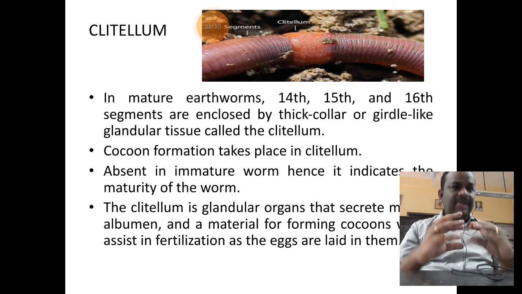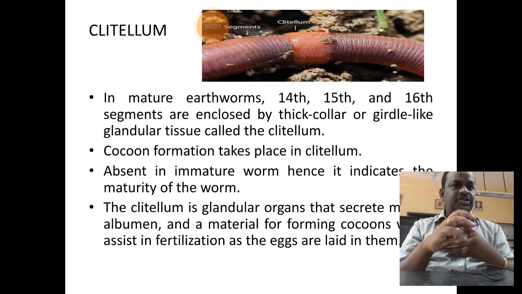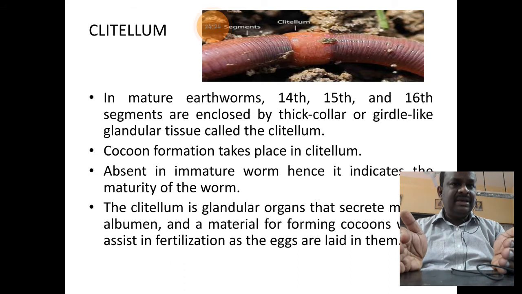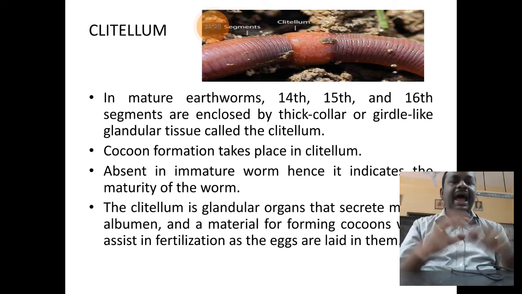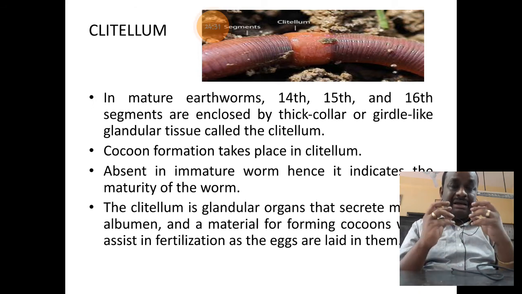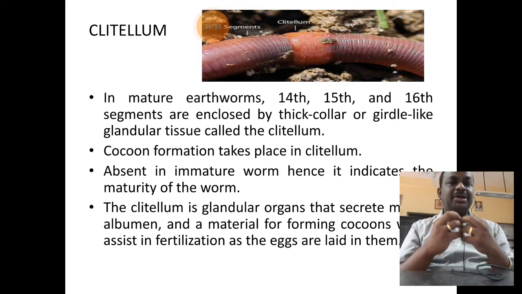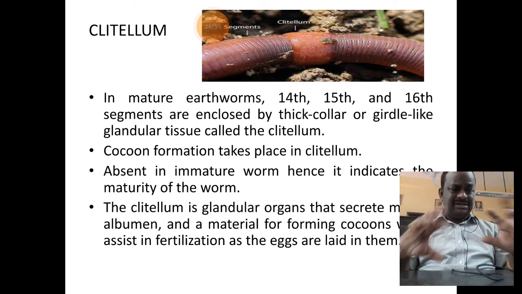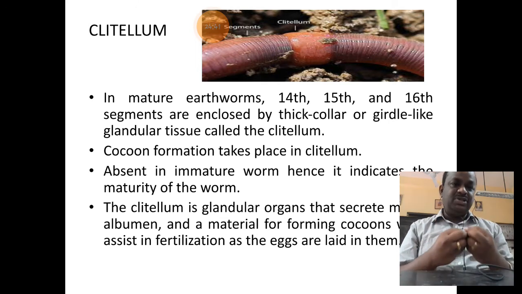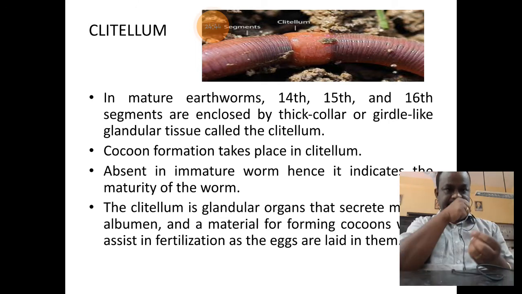Clitellum is a girdle-like structure which is glandular in function. It secretes mucus and albumin, and these secretions are seen during the maturity of the organism, that is during the cocoon formation. And this girdle or Clitellum is absent in the immature earthworms.